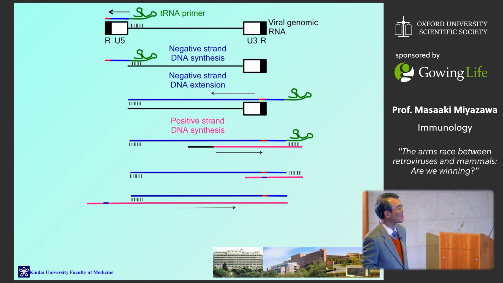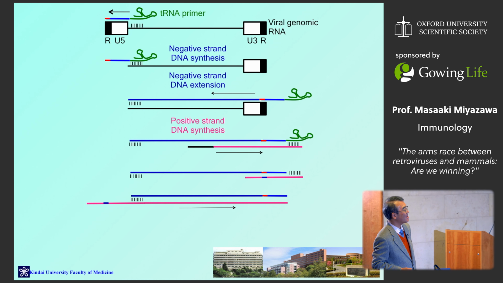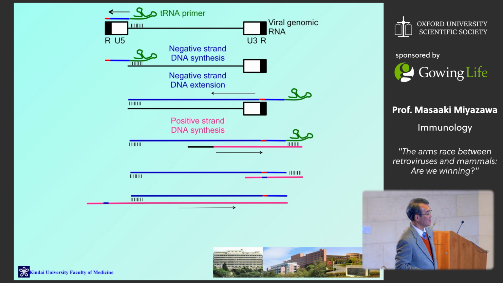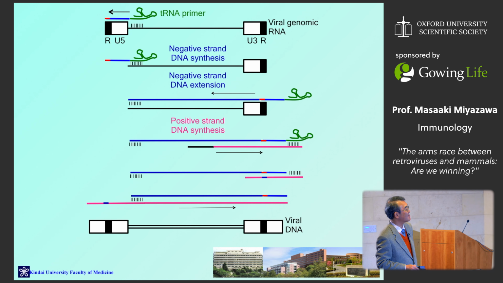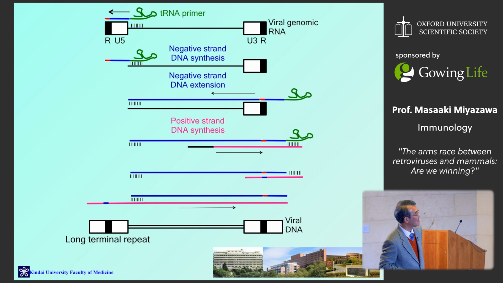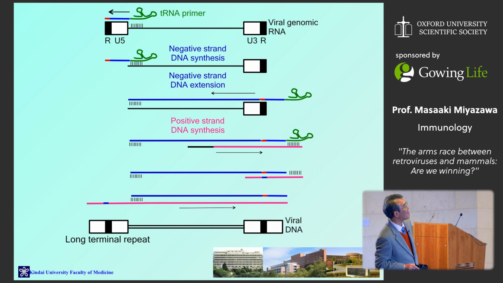So this process produces the exact repeat of the 5' sequence at the 3' end of the positive strand DNA. And this repeat, the same set of sequences composed of the R sequence, U5, the 5' unique sequence, and the 3' unique sequence, produces the exact same repeat of the U3, R and U5 sequences.